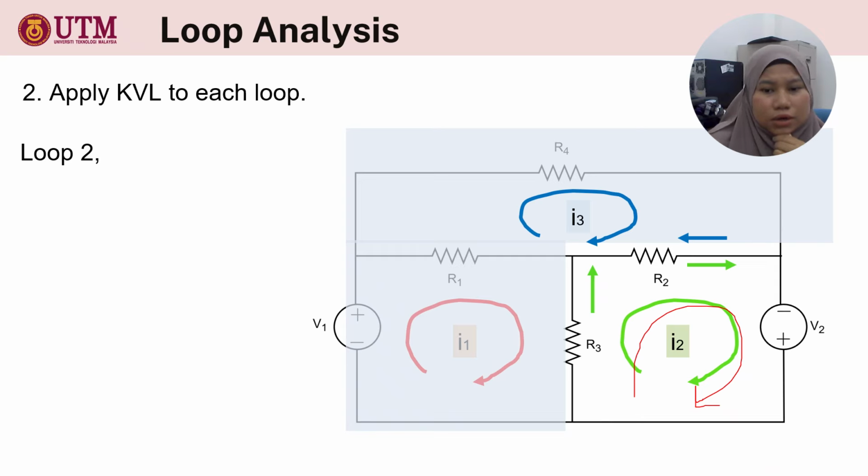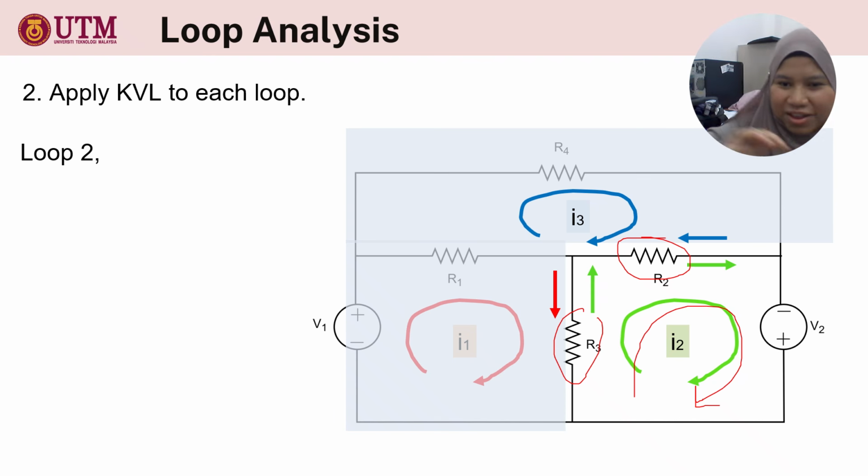The current here and the current here. And look again, this is the current at R2, not only I2 but also I3. R3 is the same as just now, with I2 and I1.